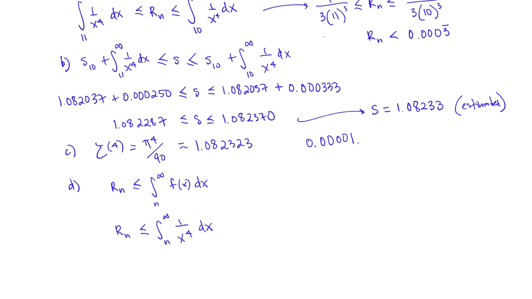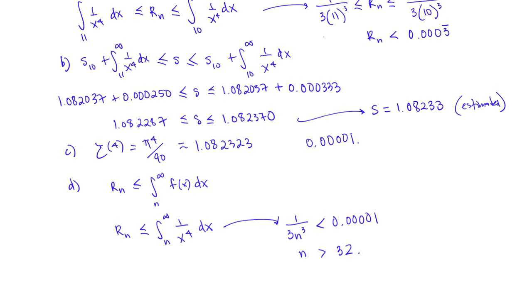And we don't know what n is. That's what we're going to find. Evaluate the improper integral. We see that this is 1 over 3n to the third power. And we want this error, this remainder, to be less than 0.00001. Solving for n, we will need n to be at least 32.